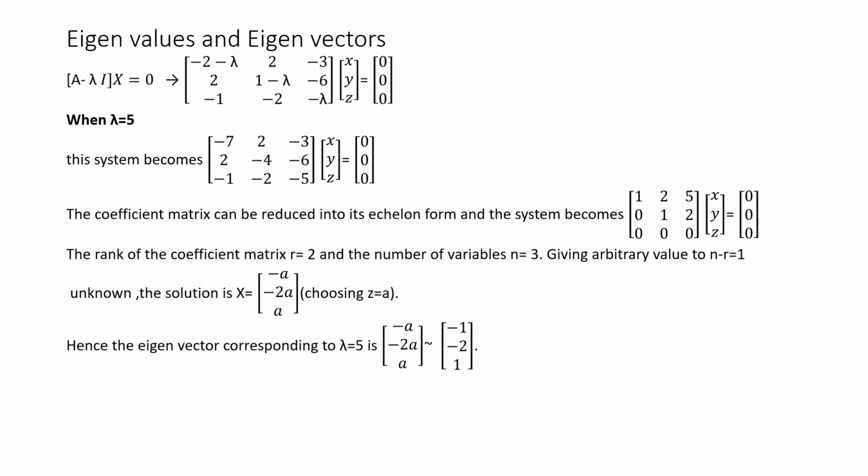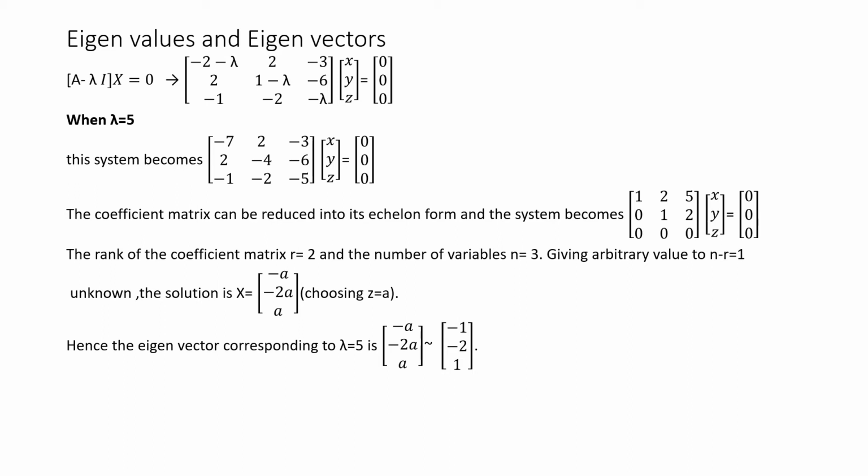The system A minus lambda I into X equals 0 becomes the matrix minus 2 minus lambda, 2, minus 3; 2, 1 minus lambda, minus 6; minus 1, minus 2, minus lambda into column vector x, y, z equals 0. When lambda equals 5, this system becomes minus 7, 2, minus 3; 2, minus 4, minus 6; minus 1, minus 2, minus 5 into column x, y, z equals 0.